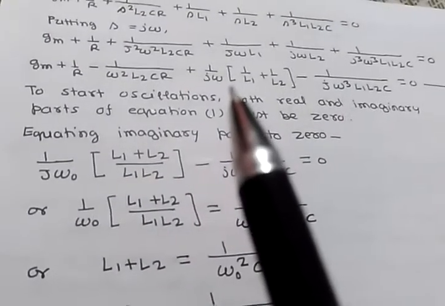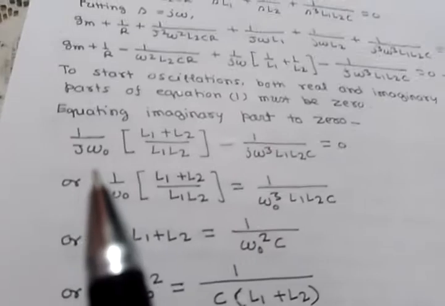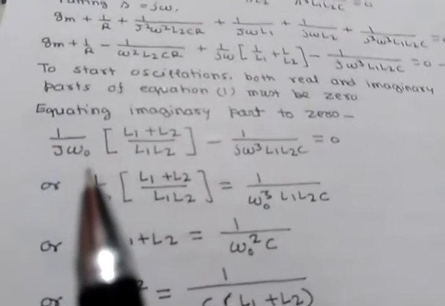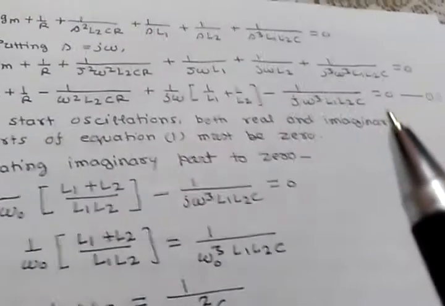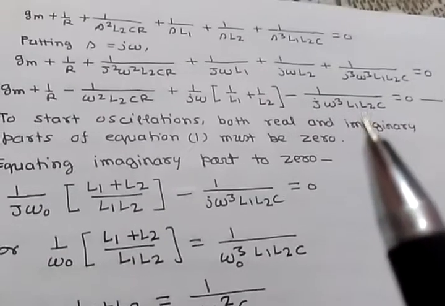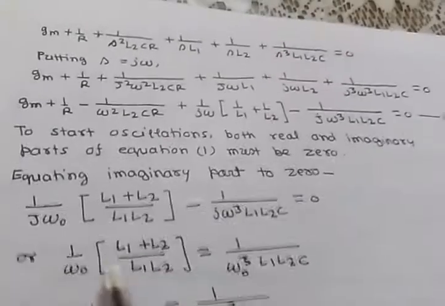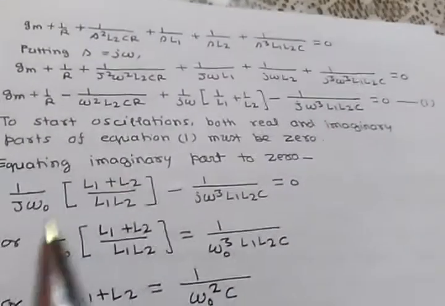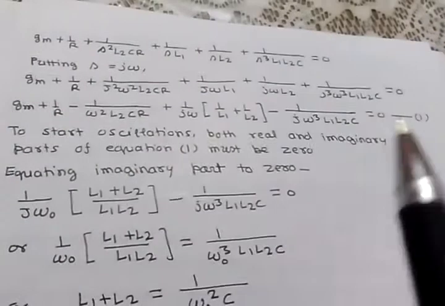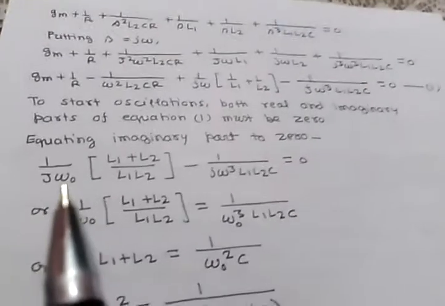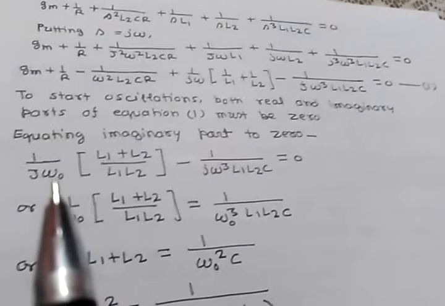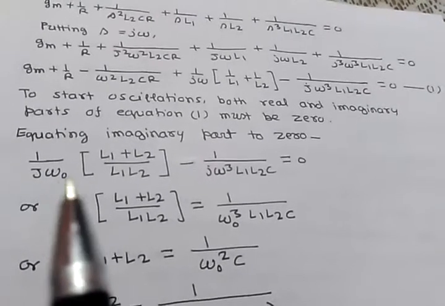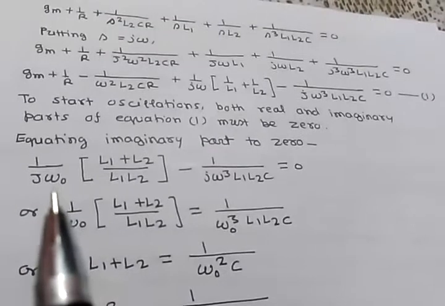At the place of omega, I have written omega naught, because for all frequencies equation 1 will not be 0. For a particular frequency which is generated by the oscillator, equation 1 will be 0. So omega naught is the frequency of the signal generated by the Hartley oscillator.